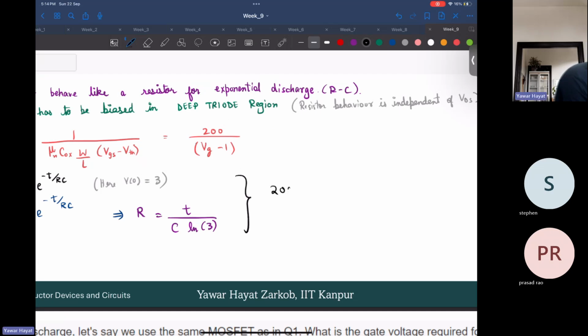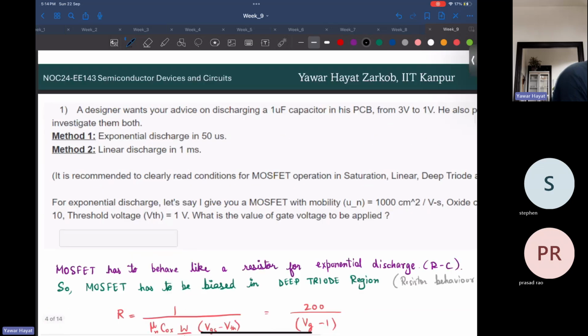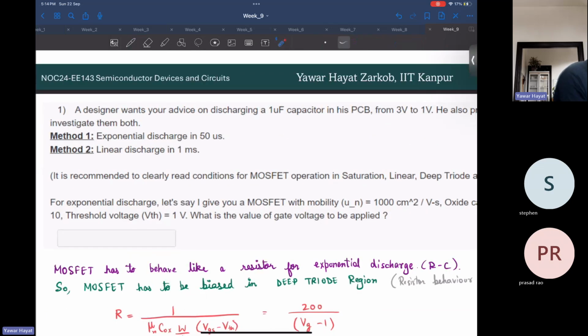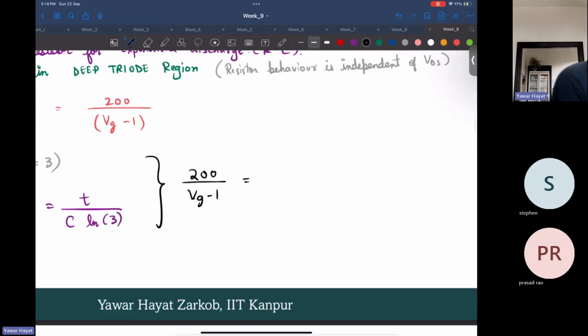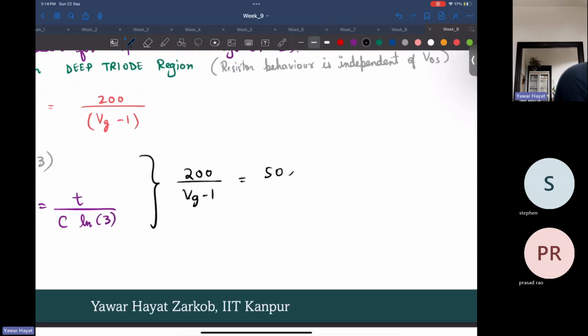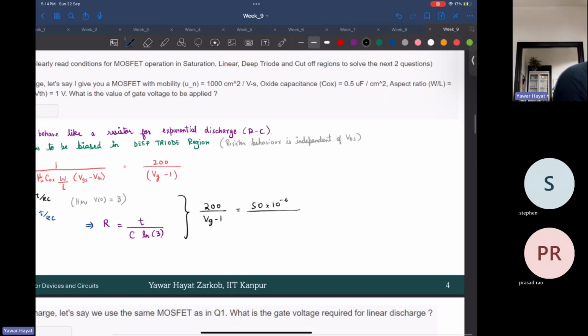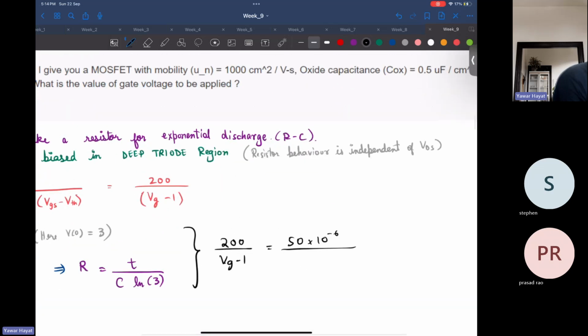We'll write 200 divided by Vg minus 1 equal to T, right? And what is T? It drops to 1 volt in this time interval, 50 microsecond. So I'll write 50 into 10 to the power minus 6 divided by your C. What is C? C is 1 microfarad.